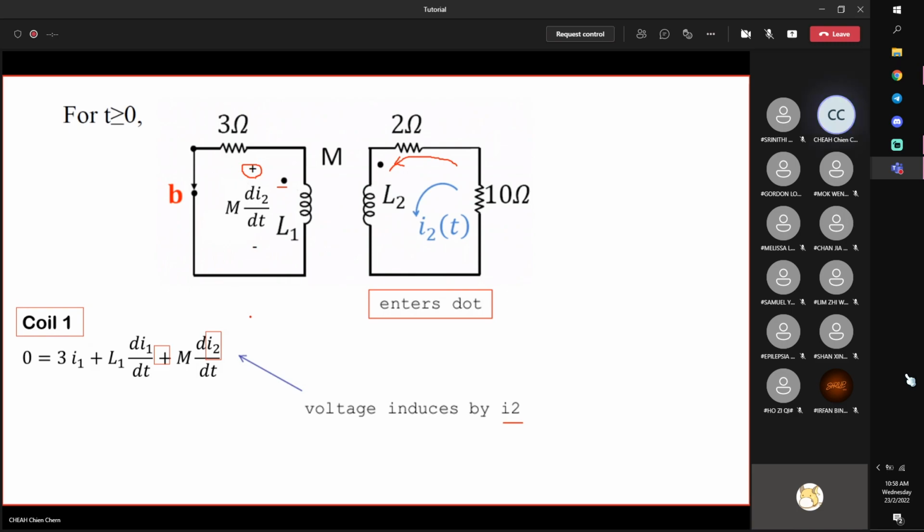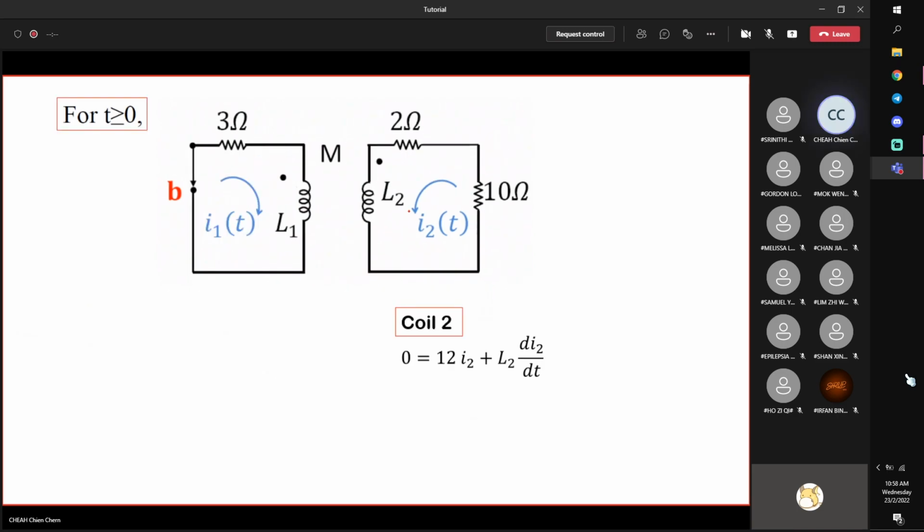Okay, next, same thing for coil 2. Imagine there's no mutual inductance. Write down the equations. 12 is 10 plus 2 in series. Voltage across 10 plus 2 gives you 12 I2, L2 di2/dt. Alright? Then look at the first coil.